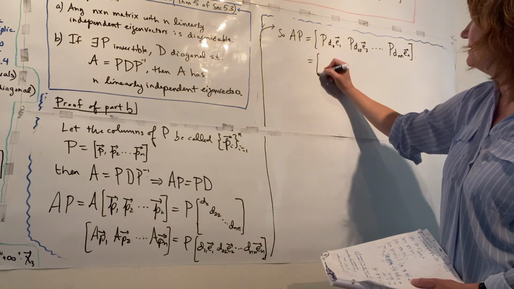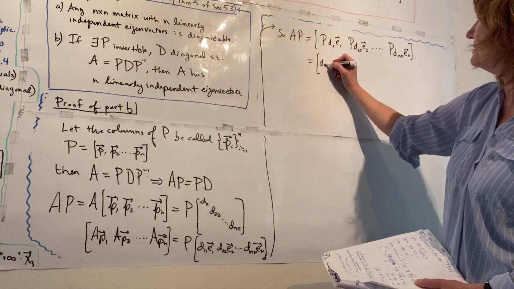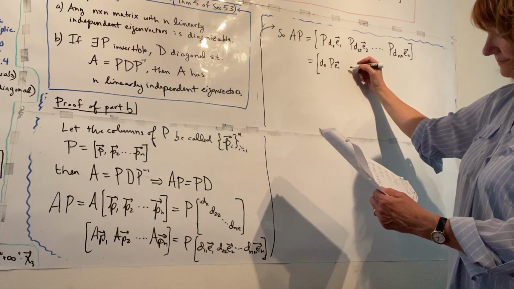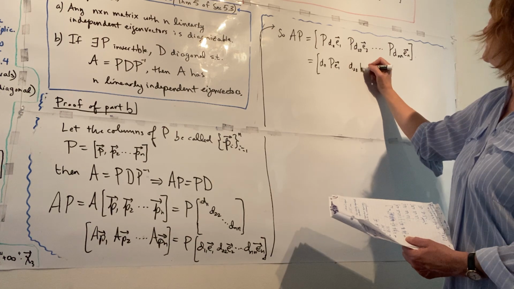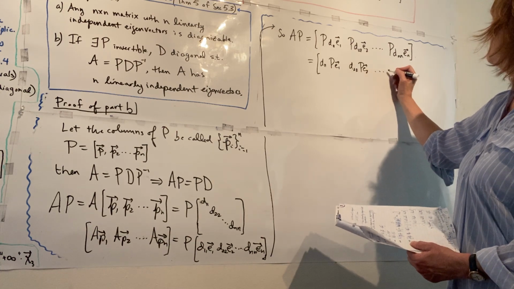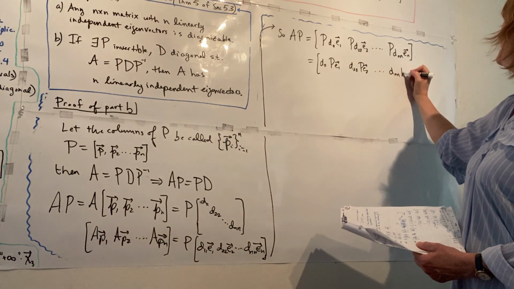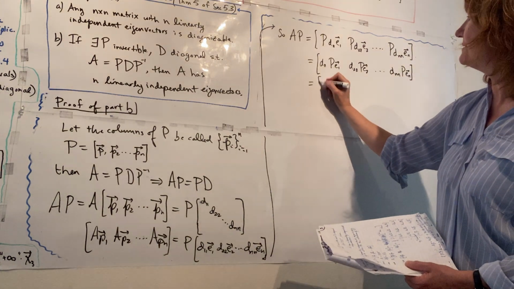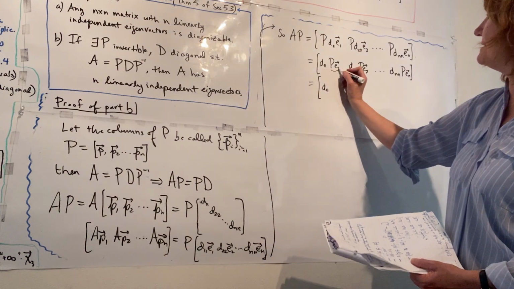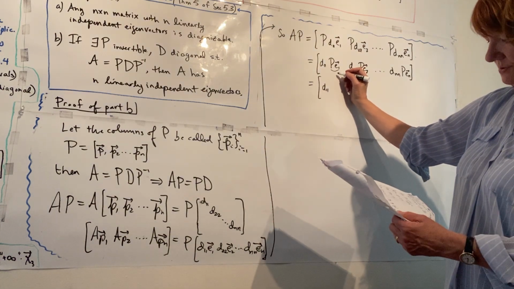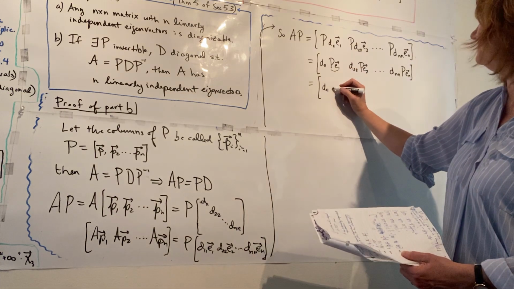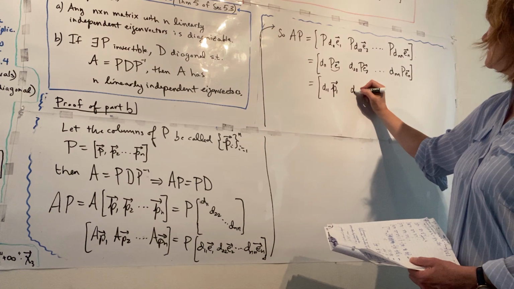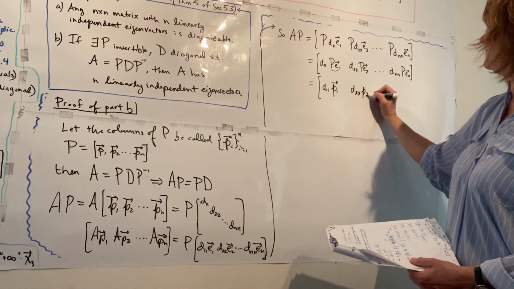We're going to bring out this constant: D11 P E1, D22 P E2, Dnn P En. That's going to give us D11, what is that? That's just the first column of P. This is D22 P2.